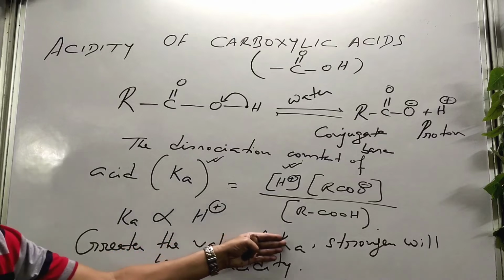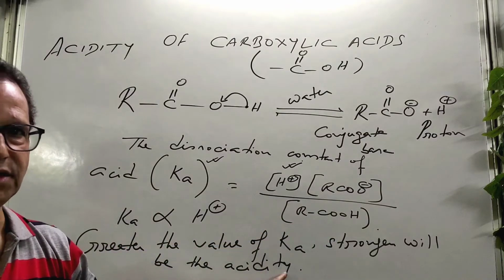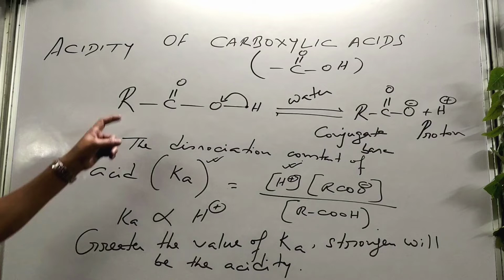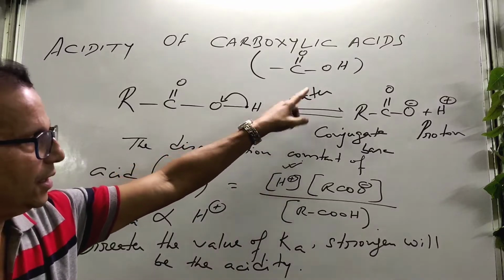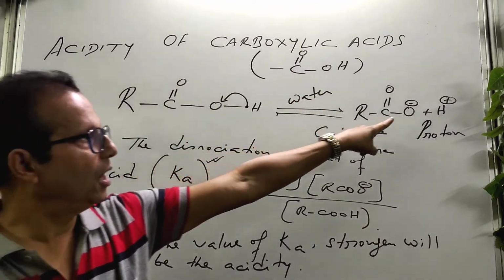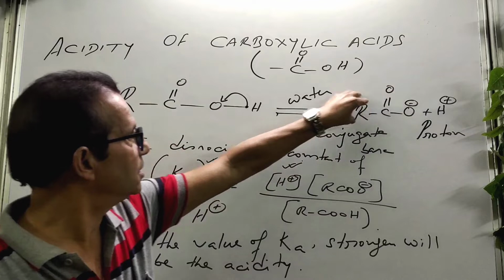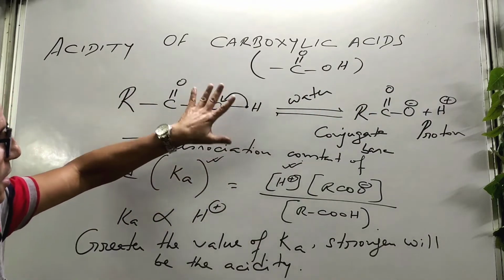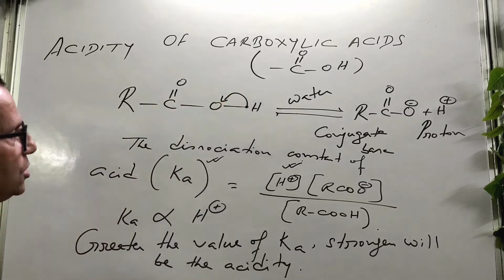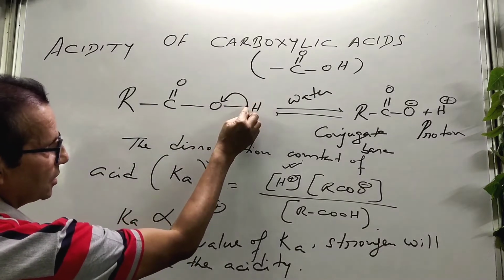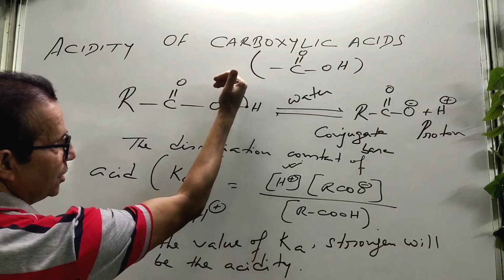Greater the value of Ka, stronger will be the acidity. Understand, I think? Any carboxylic acid, when dissolved in water, dissociates into hydrogen positive ion, and this hydrogen is released. Remember why? Because oxygen is more electronegative than hydrogen. That's why oxygen has a tendency to attract the bonding electron from hydrogen towards it.